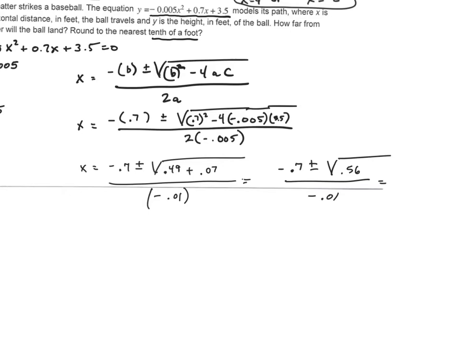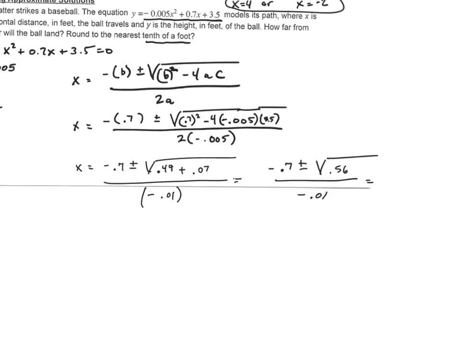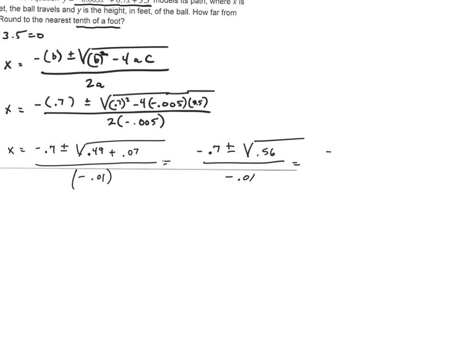And let me see, I'm going to figure out what that darn root is going to be to the decimal, because it's asking us to the decimal. So negative 0.7 plus or minus the square root of 0.56 is going to be 0.748. I'm just going to round that up to 0.75. All of that over a negative 0.01.